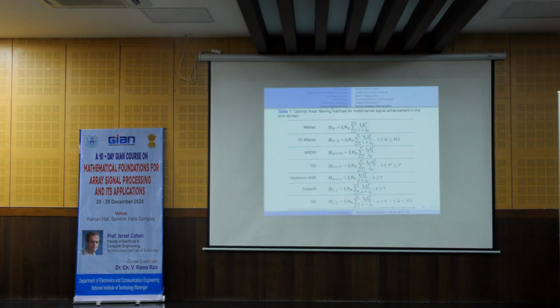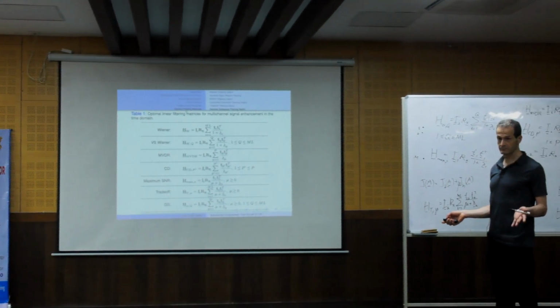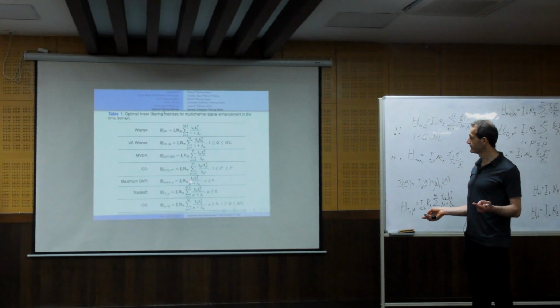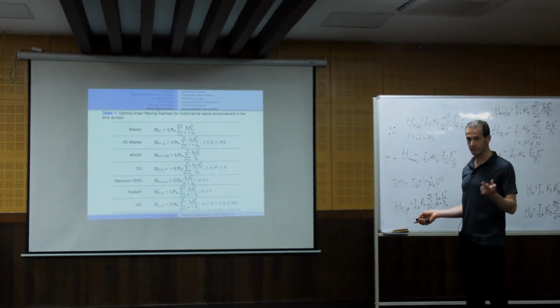Any mu that we put here, so I showed here mu equals 1 and here mu equals 0, but actually any mu will generate the maximum SNR. So you can choose any mu. How to choose mu? This expression gives you the maximum SNR filtering matrix.